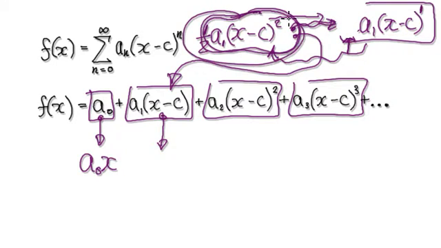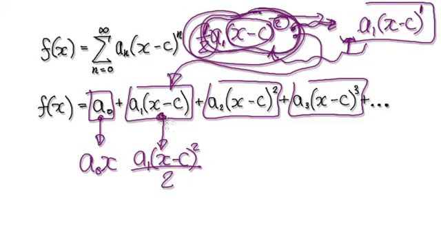So when you integrate this, it will be a1, and then this bubble x minus c to the power of 2, and then the half. So when you integrate this, it gives you this thing here.